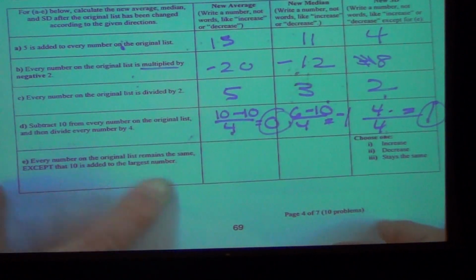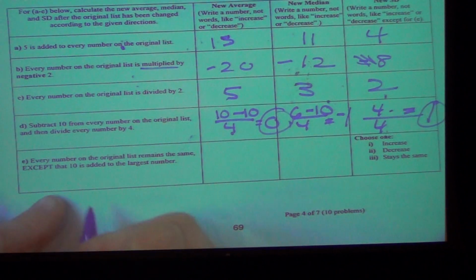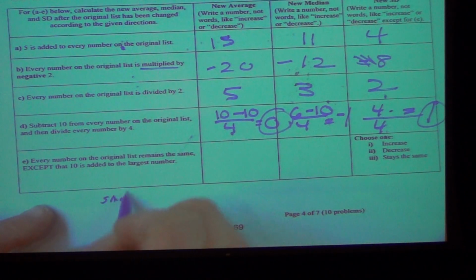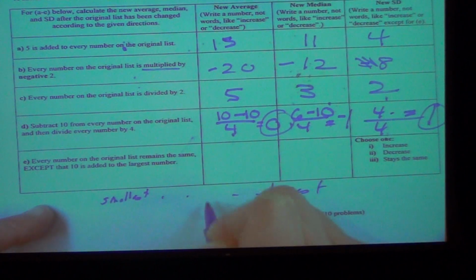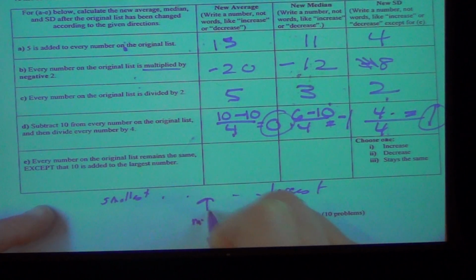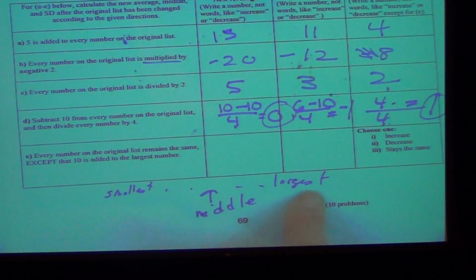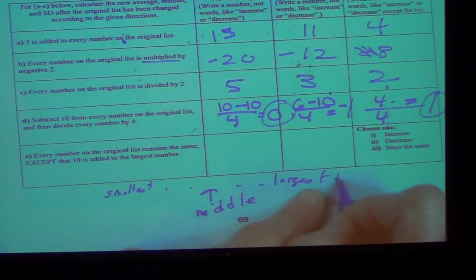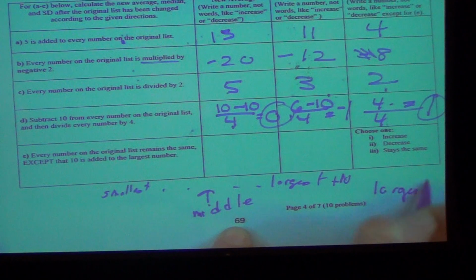Now, every number on the original list remains the same. You have this whole list. Here's the smallest, here's the largest, here's your middle. Everything stays the same except what? This largest is going to go plus 10. Instead of being here, the largest will be here.